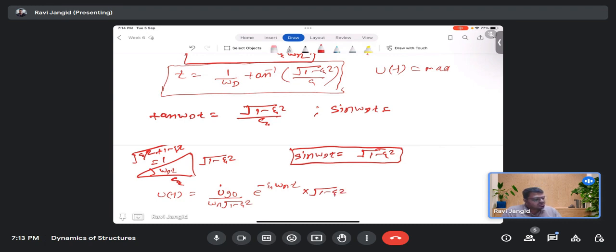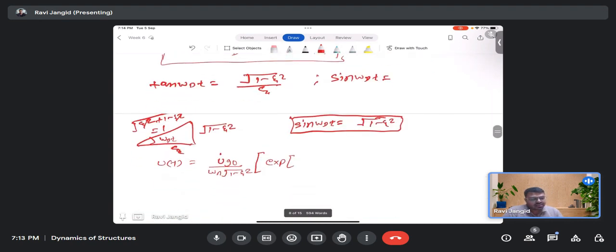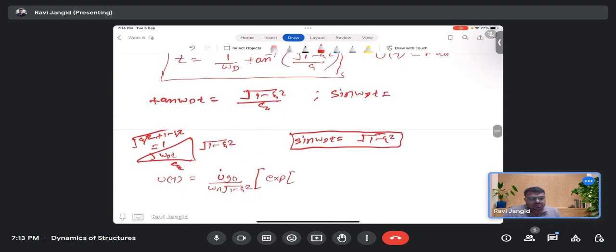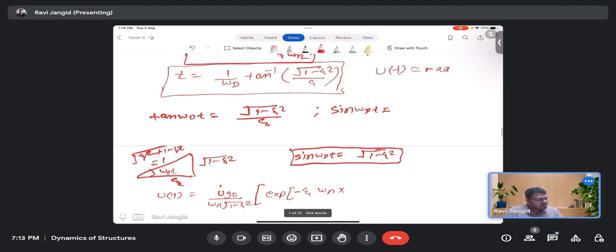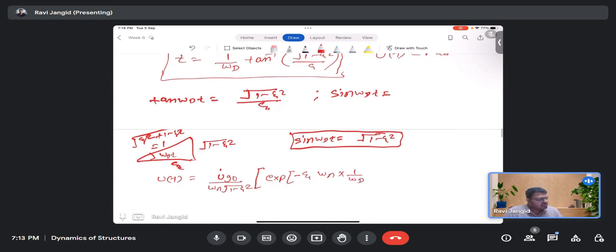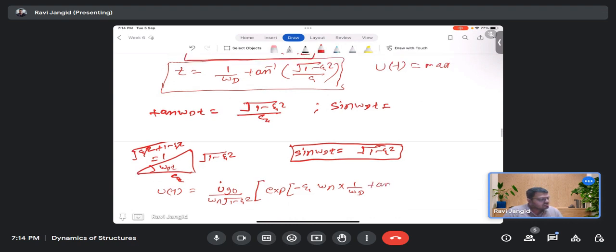For t, I can write it like this so that it will not be confusing. So the exponential is minus xi omega_n, and what is my t? That is 1 by omega_d into tan inverse of square root of 1 minus xi square over xi, into square root of 1 minus xi square.